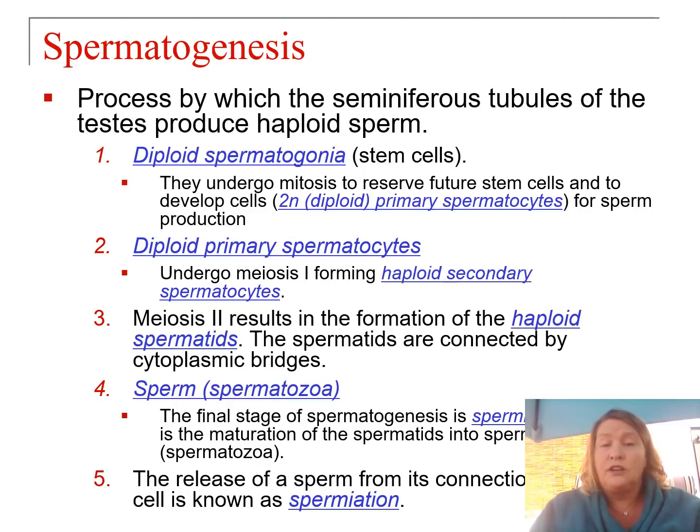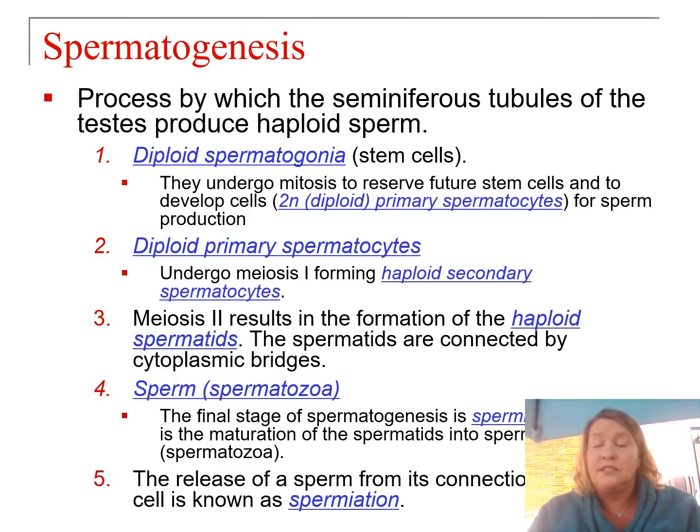We start out with diploid spermatogonia, which are considered the stem cells, and they undergo mitosis. Of the two cells that result, one goes on to be just another stem cell, but the other goes on to develop into a spermatozoa.